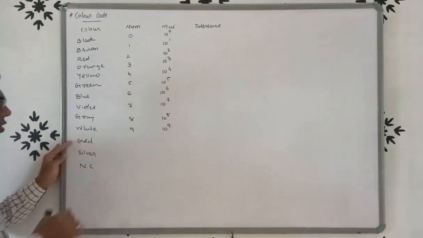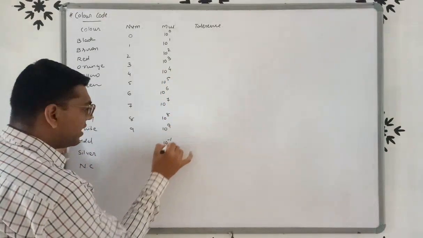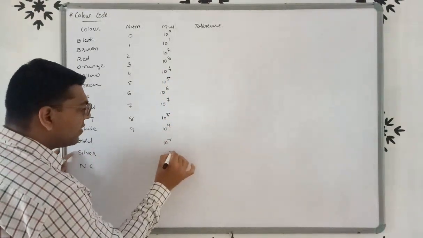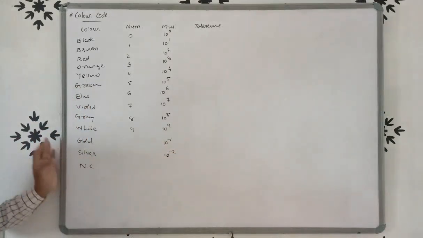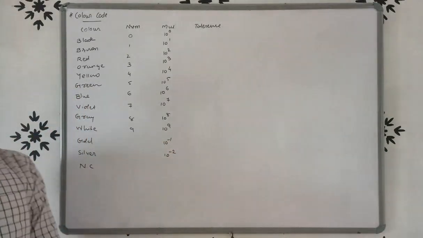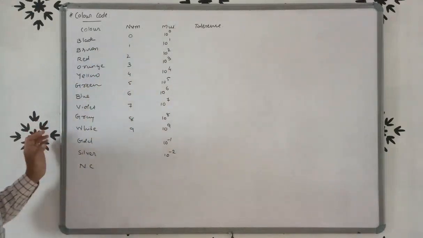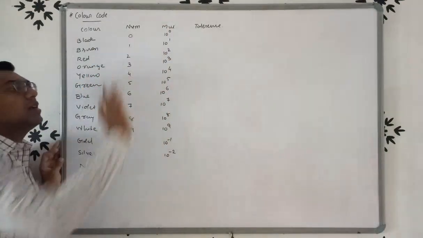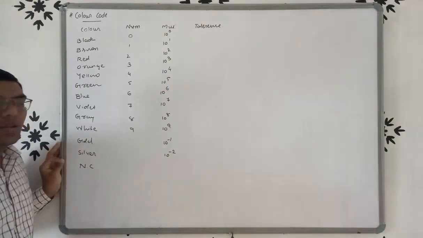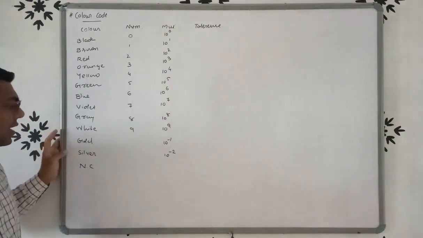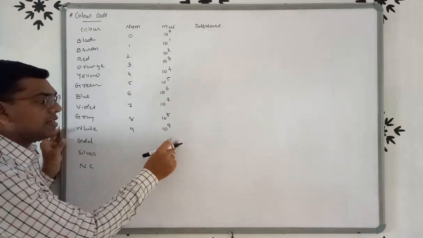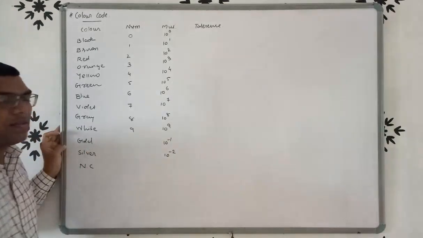Now for gold, 10 raised to minus 1, and for silver 10 raised to minus 2. So for multiplier, you have to write these numbers as powers of 10.